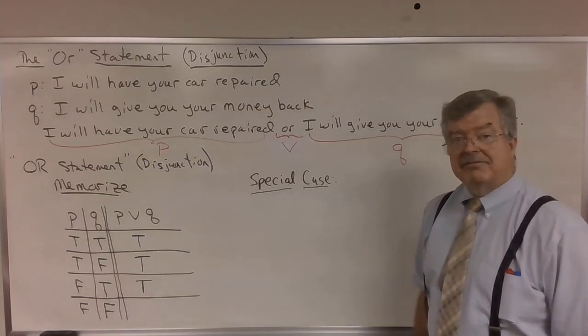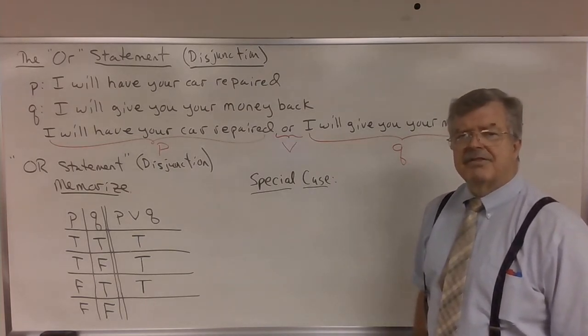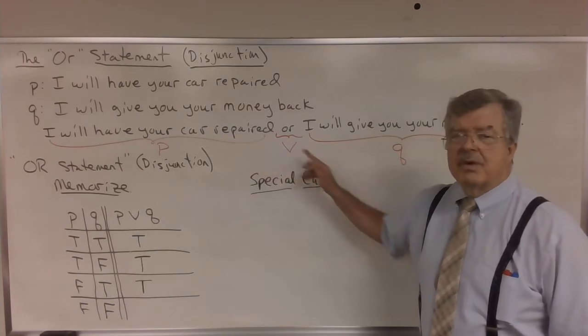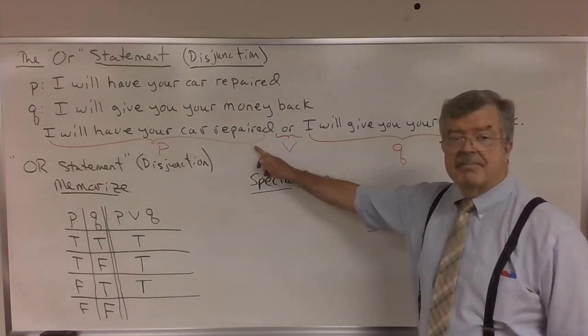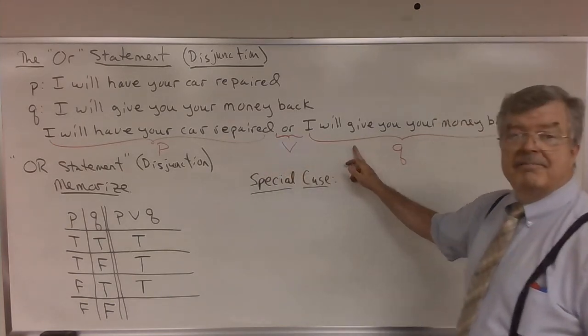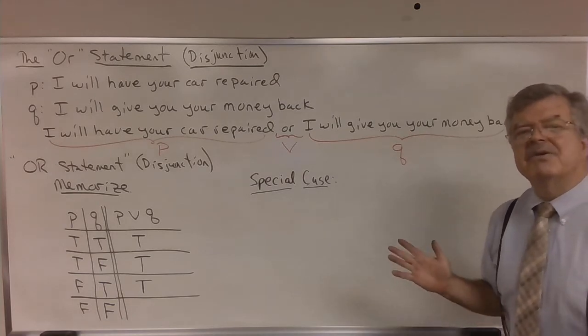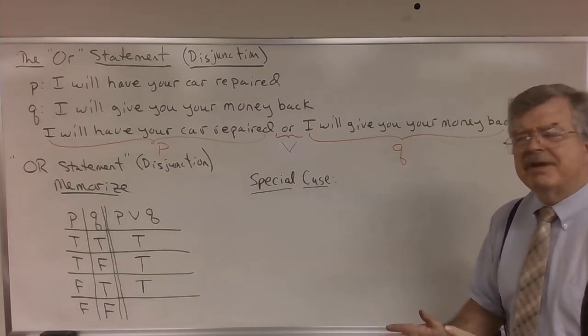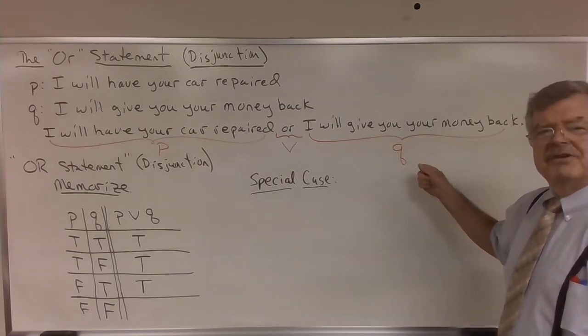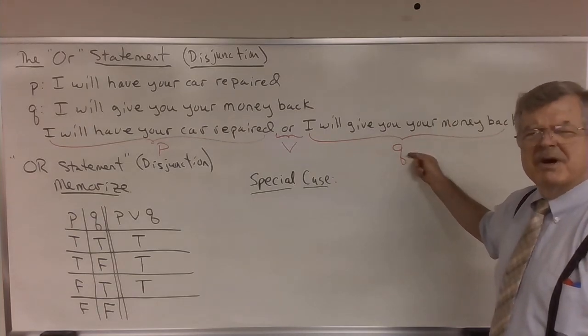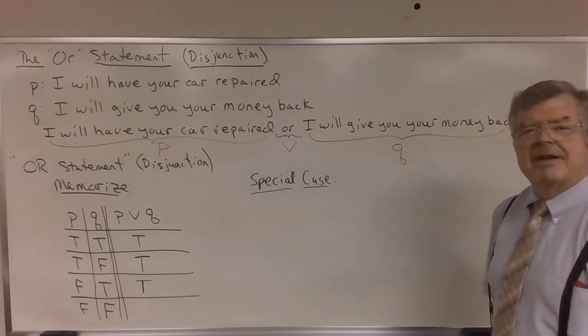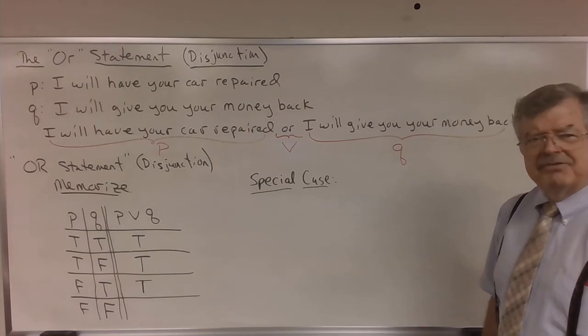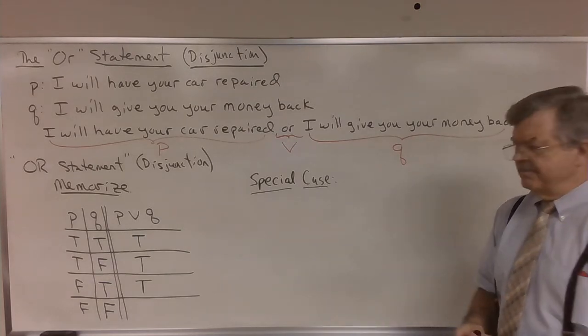Well, they had an expectation, didn't they? That I would do either one or the other. Either I'd have the car repaired, or I'll give them their money back. And I don't do either one. I don't have the car repaired, and I'm such a louse, I don't even give them the money back either. Are they mad at me? Absolutely. I lied to them.